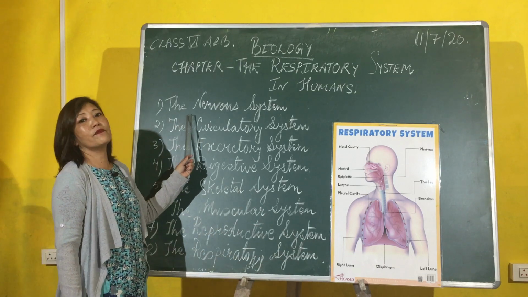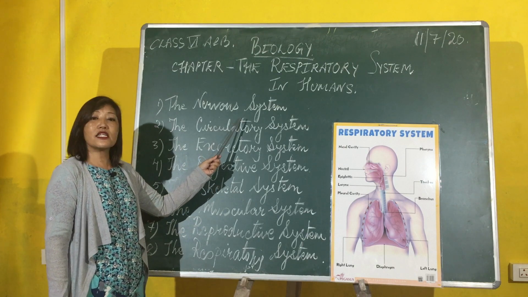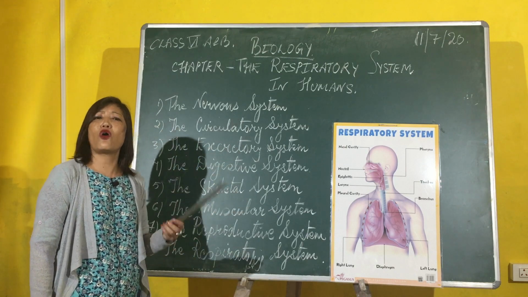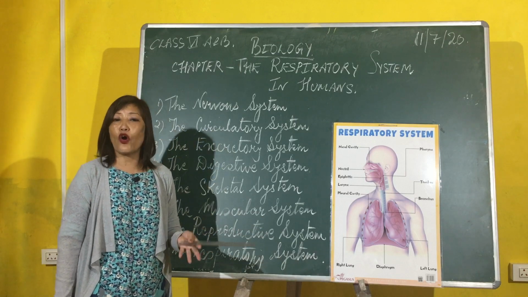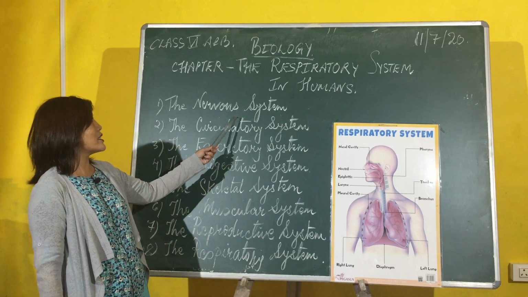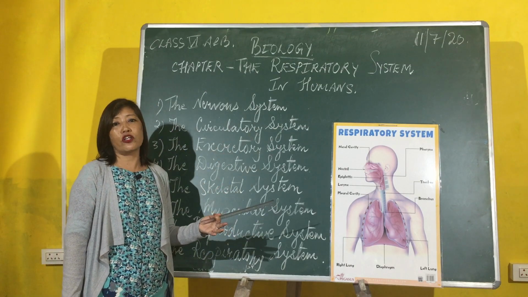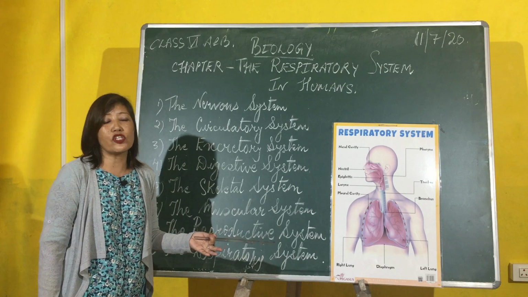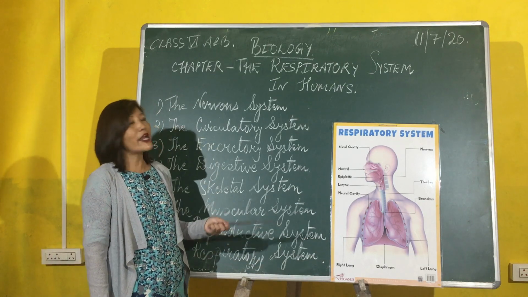So the first system, the nervous system. It is the system which controls all the activities of our body. The organs included in this system are the brain, the most important organ of our body, and the spinal cord.